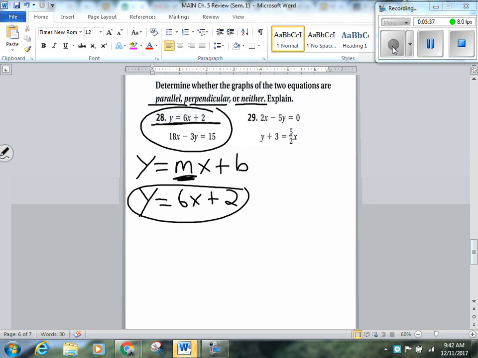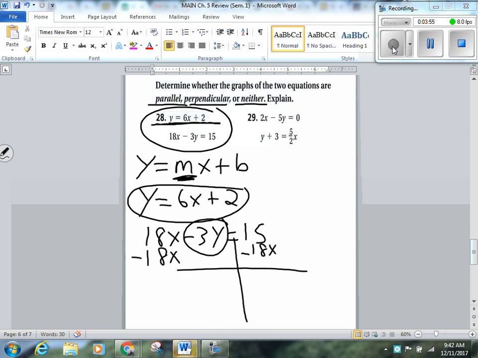But the second equation, we have 18x minus 3y equals 15. So I want to get this by itself, so I draw my wall, and I'm going to subtract 18x to both sides. This cancels out, and I get -3y equals -18x plus 15. I want to get the y by itself, so I need to divide both sides by -3.